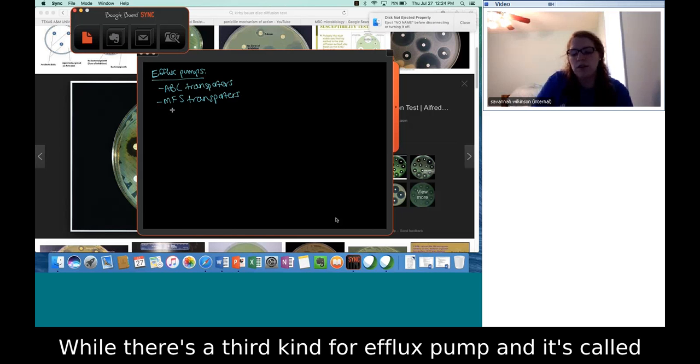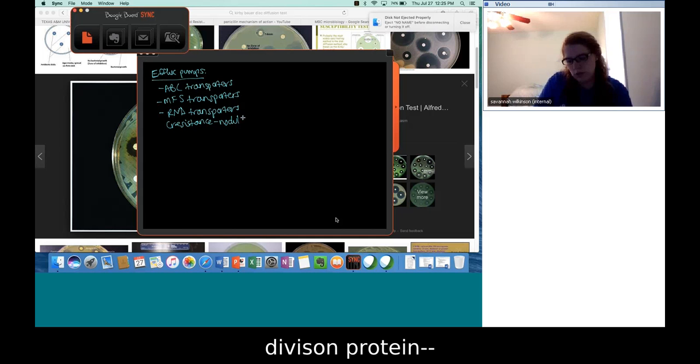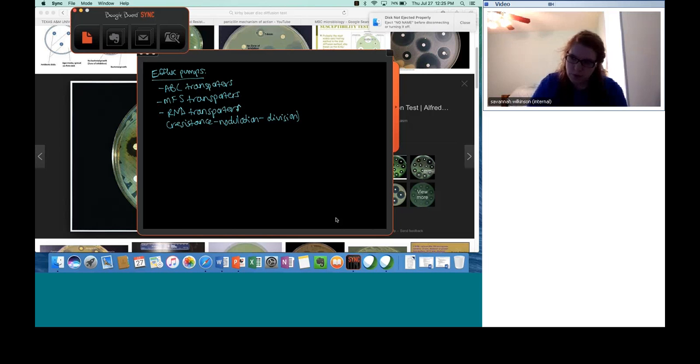Well, there's a third kind for efflux pumps, and it's called RND transporters. And RND stands for resistance modulation division proteins, or transporter proteins.